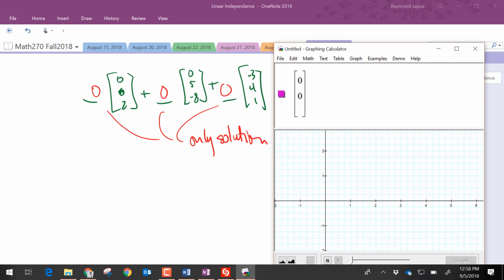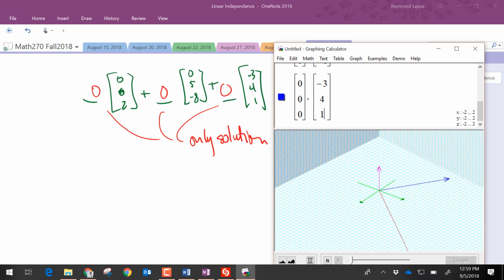Actually, there's geometric significance for everything, but the next one is 0, 5, negative 8. And then minus 3, 4, 1.